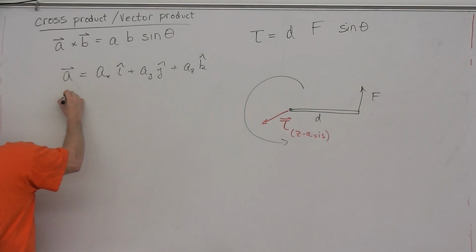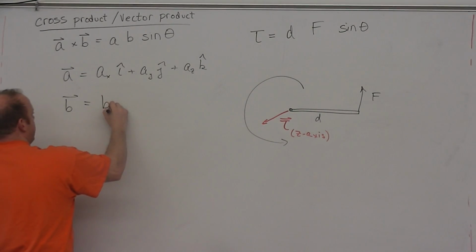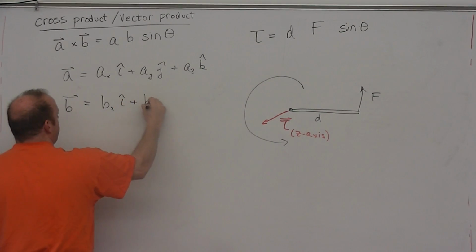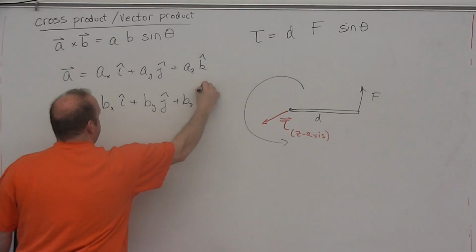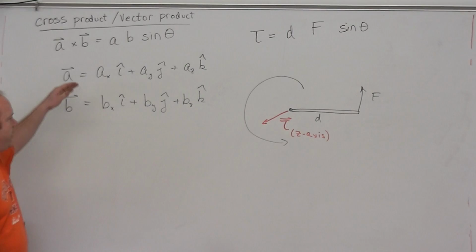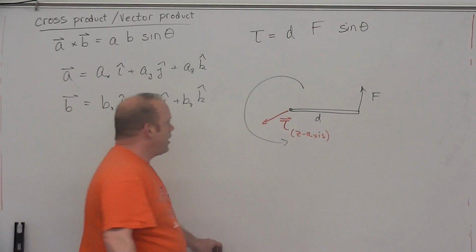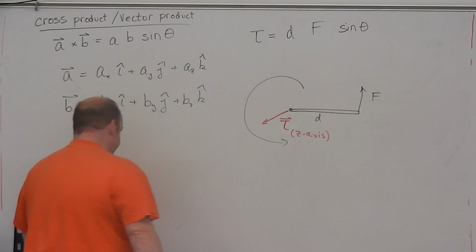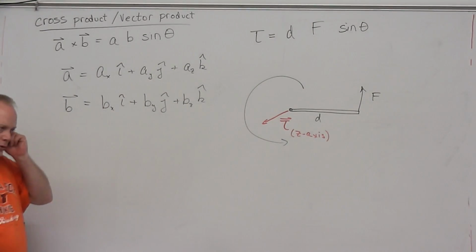And I have vector B, that's BX i hat plus BY j hat plus BZ k hat. We want to take the cross product of these two when they're in IJK notation. So now I'm going to show you a shortcut, and it's going to give you a general equation. Don't worry about the general equation, just use the shortcut.